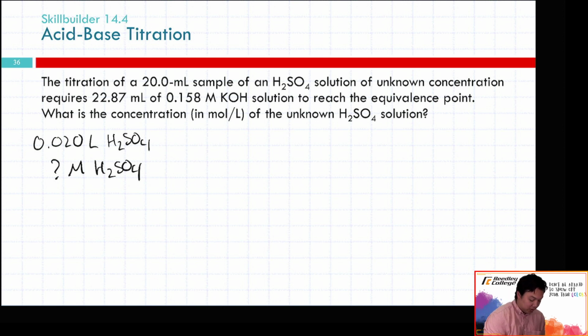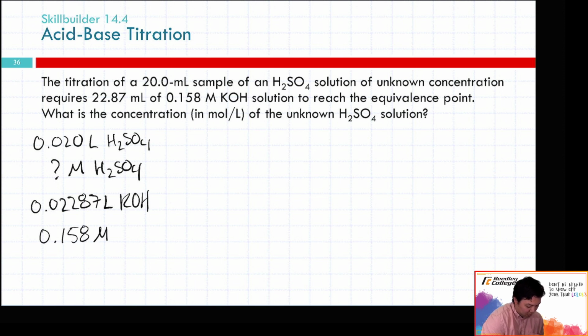We know that it requires 22.87 milliliters of 0.158 molar potassium hydroxide to reach the equivalence point. So what is the concentration in moles per liter of the unknown sulfuric acid solution? We're going to do 0.02287 liters of KOH, and its molarity is 0.158 molar KOH.